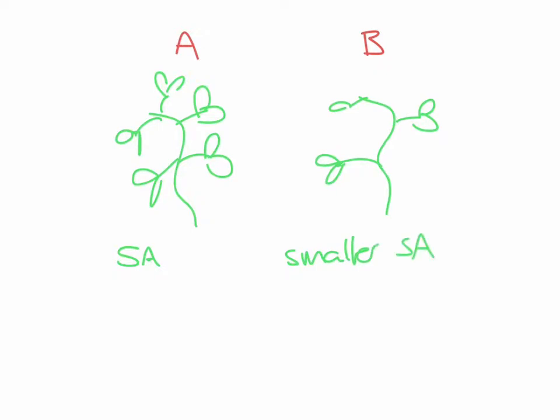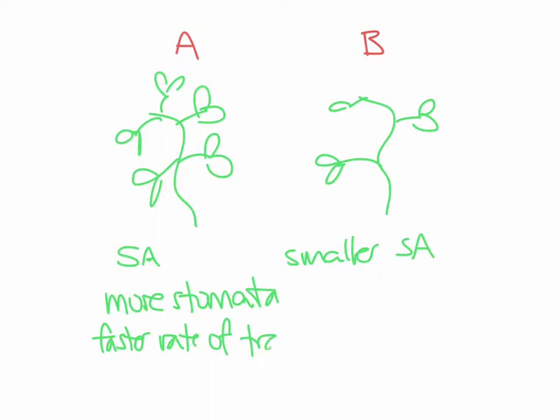So the one on the left, A, is going to have more stomata. Therefore, you would imagine that it would lose more water vapour by transpiration. So we would say it would have a faster rate of transpiration.